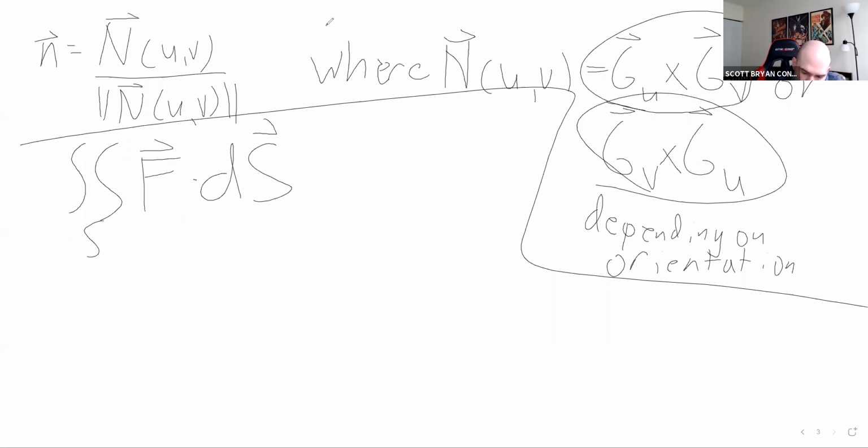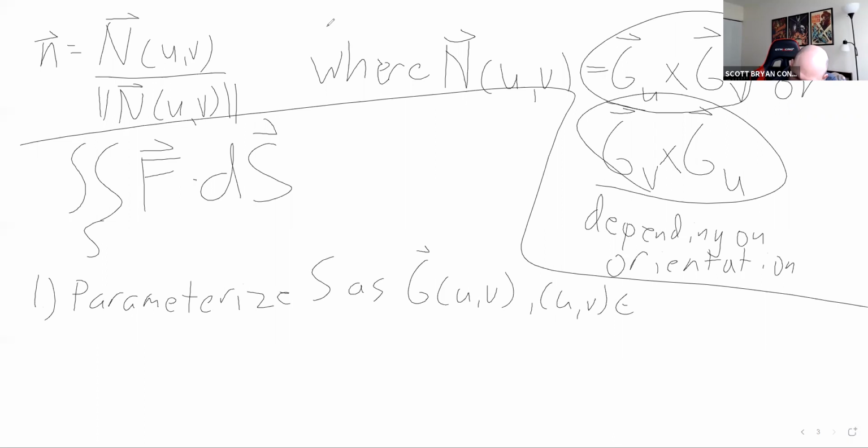So the way we integrate a vector field is, of course, almost always we're going to have to parameterize a surface. So we're going to parameterize it as g of uv, where u and v lie in D. So either give bounds for u and v or give some region where u and v live. So that's step one, same as always.